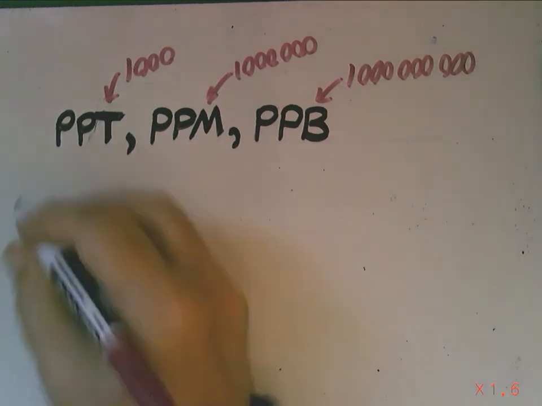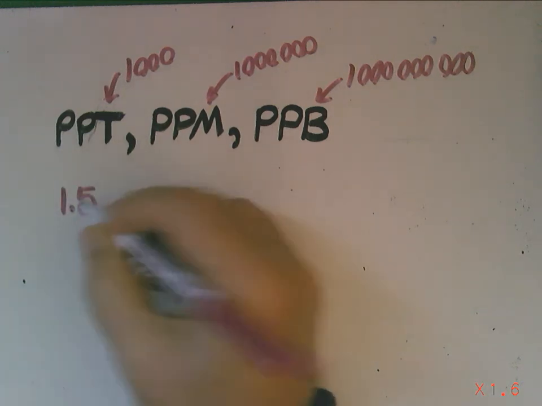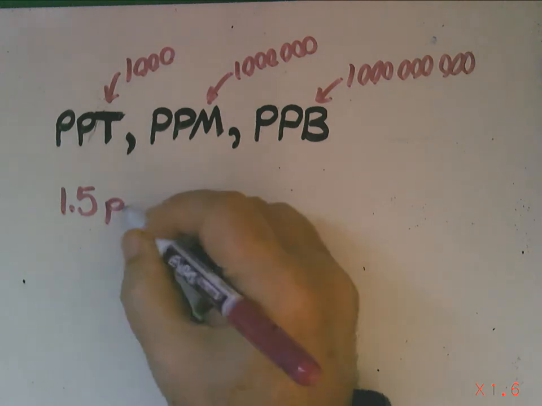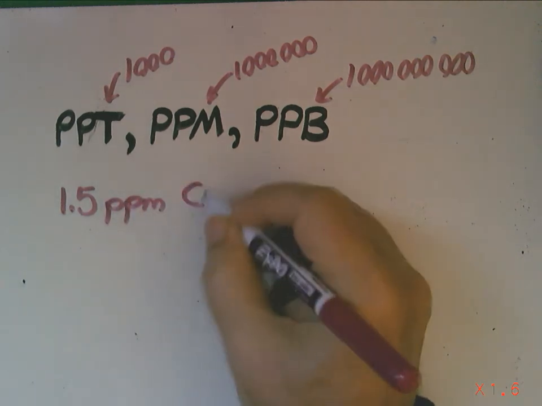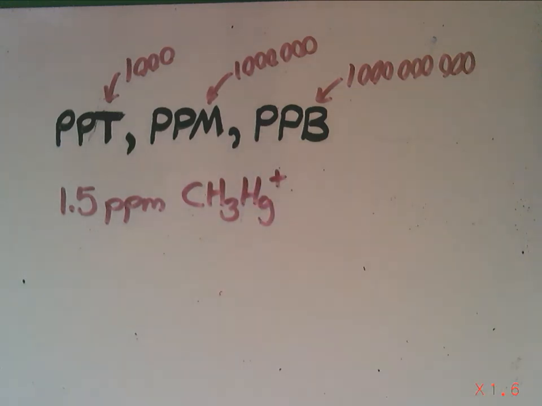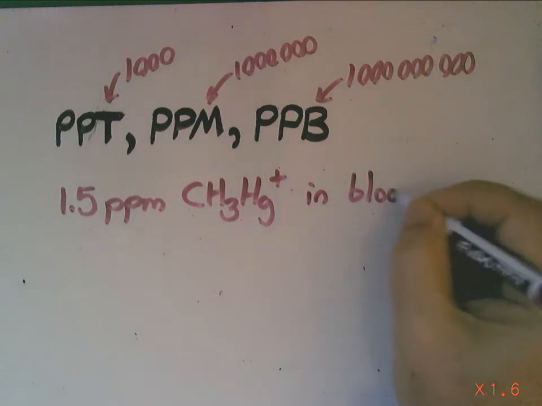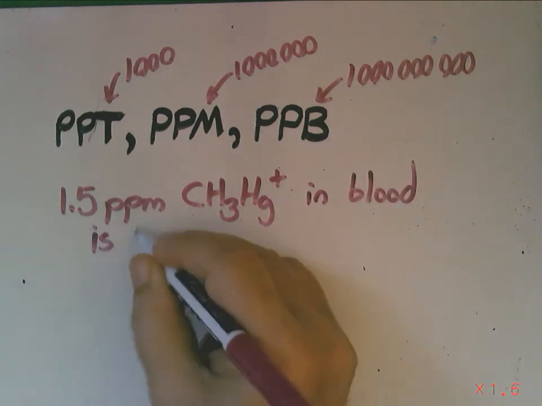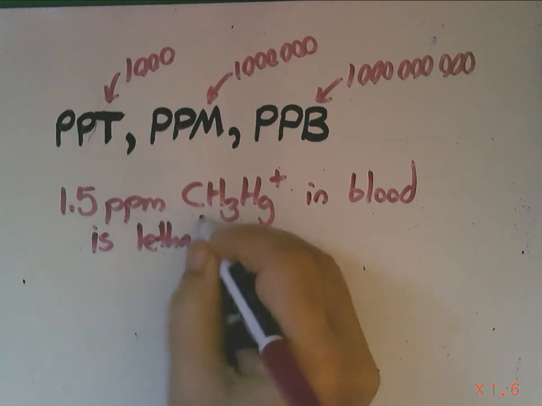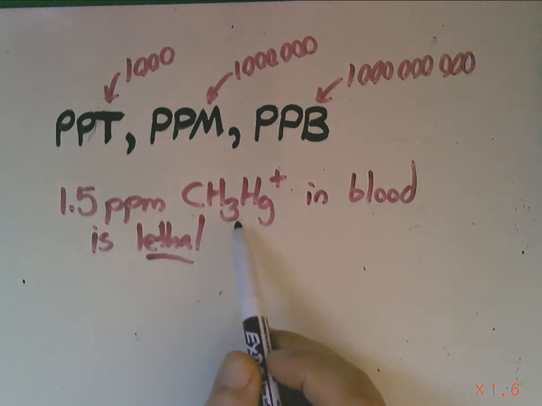Let's suppose that there is a chemical called methylmercury. It's an ion that looks like this. That's enough to kill you if you get that high a concentration of this in your blood. Now, where does methylmercury come from anyway, as long as we're talking about that?